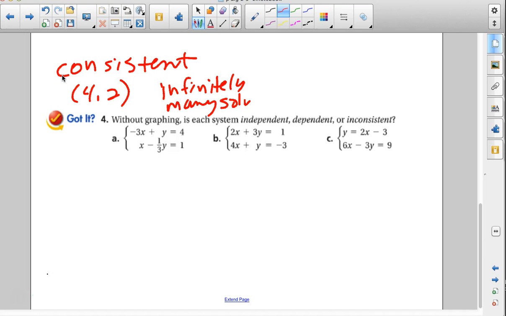And that happens when you realize that it's really the exact same line. You know, the line is going right over the top of another one. In the colors that we had yesterday up here, the red and the blue made purple because they were right over the top of each other. So that's consistent. Inconsistent is when we have to say there isn't any solution.